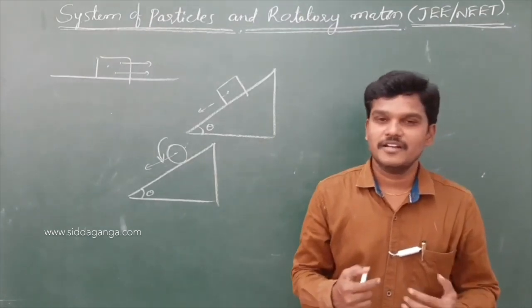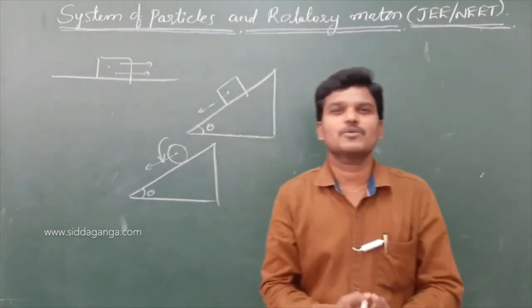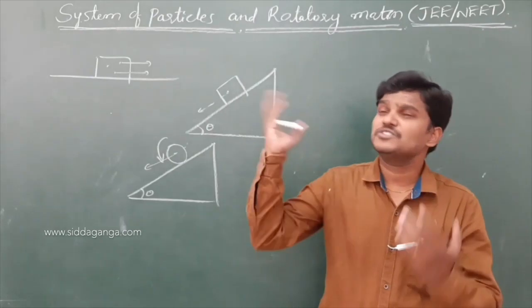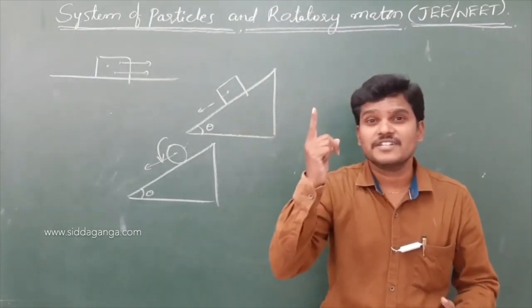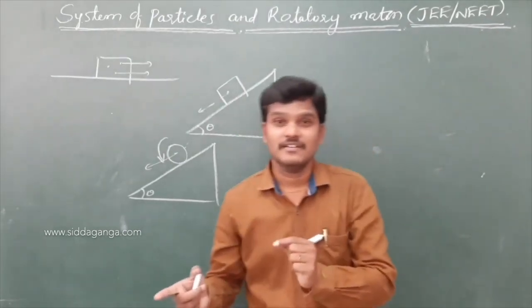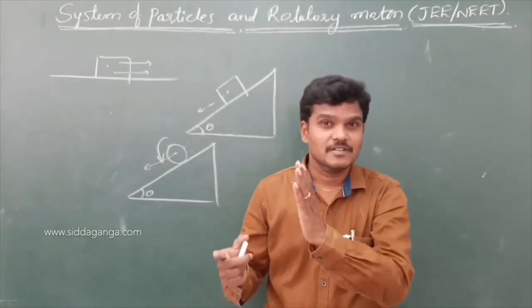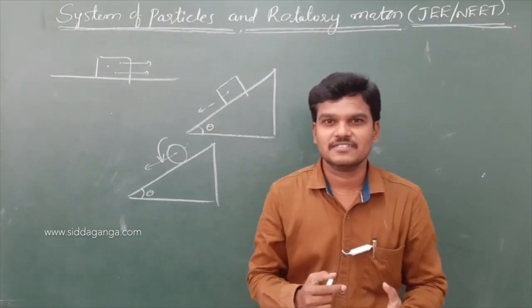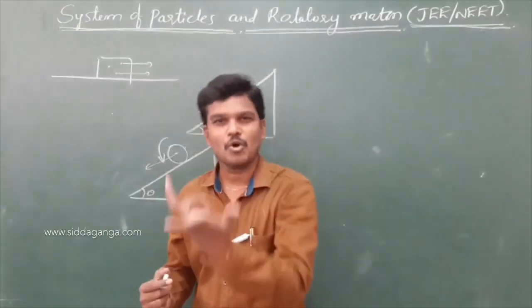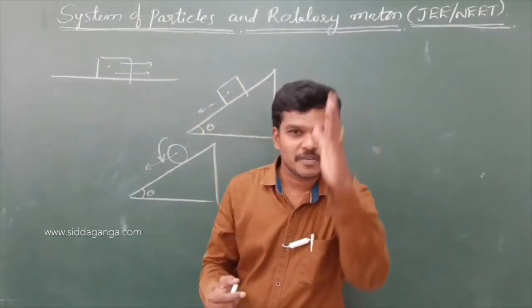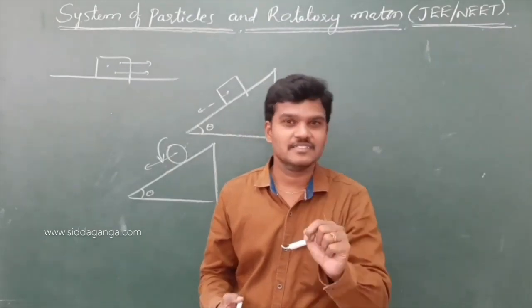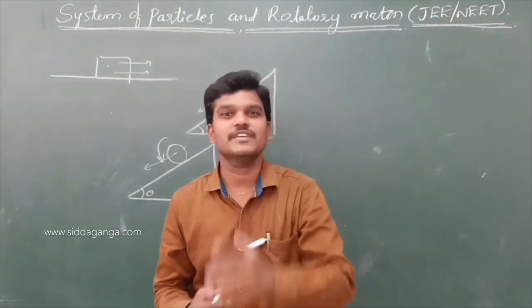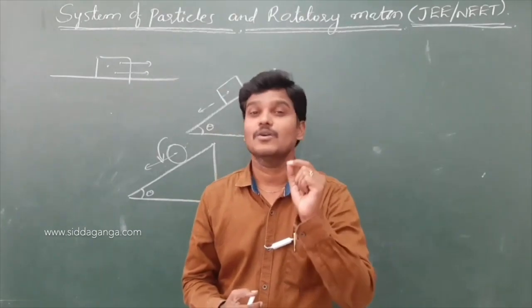The best example for rotatory motion: if you switch on the fan, it rotates about a particular line. The potter's wheel rotates about its own axis, and the spinning top also rotates about its particular axis, and that axis we call the axis of rotation.